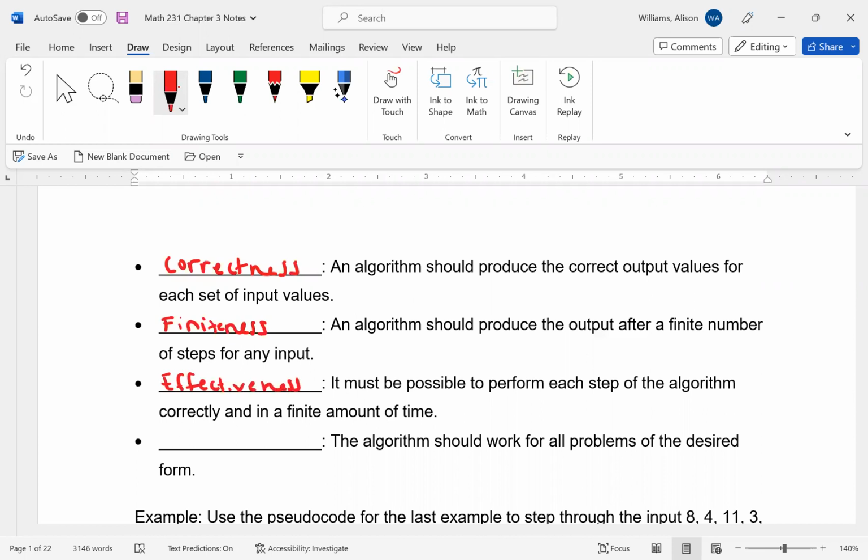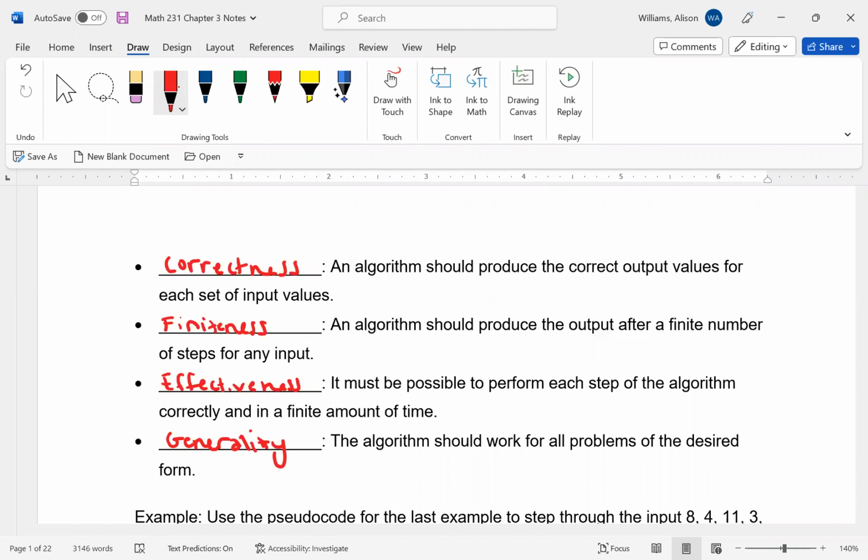It's possible to perform each step of the algorithm correctly and in a finite amount of time. And then last, we want to have generality in our algorithms. The algorithm should work for all possible problems of the desired form.